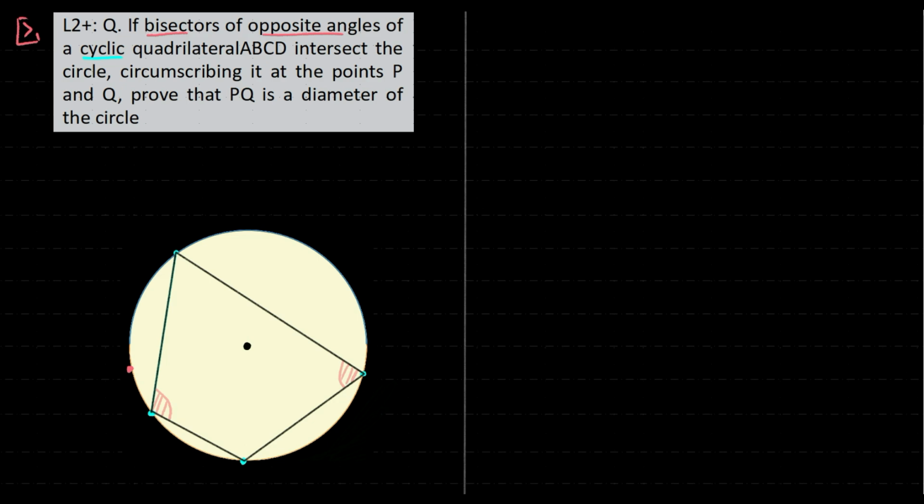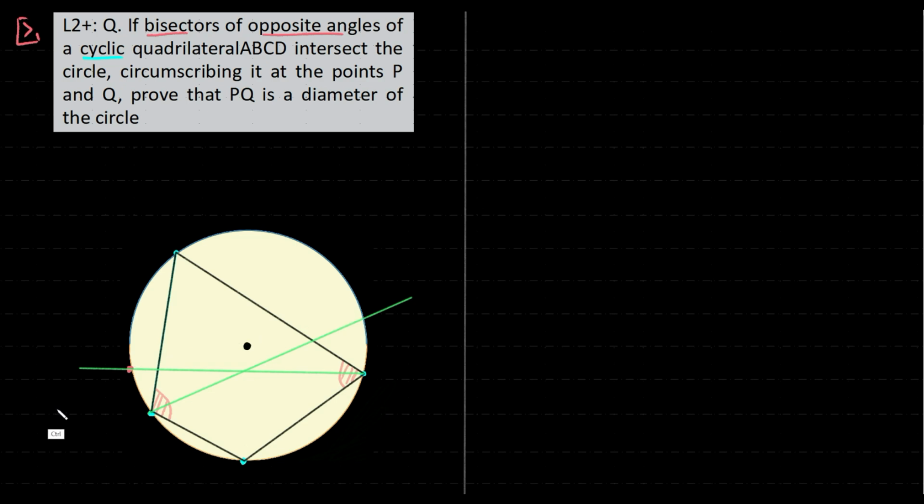Now if you bisect them, say this line is bisecting that particular angle, and this line is bisecting that particular angle. Joining these two points will give us the answer.